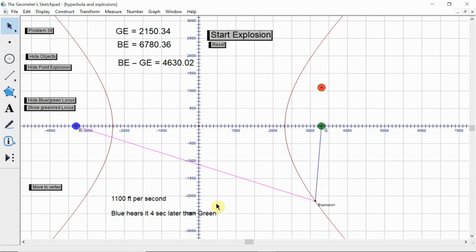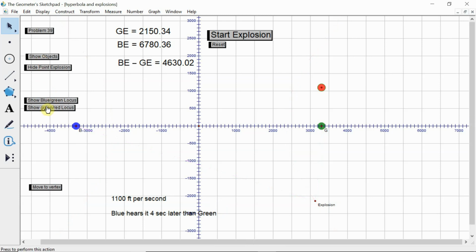So here we have it, and here is probably the most interesting thing about this constant difference. This is an application that was actually created during World War II. So I'm going to hide a couple things here. Okay. So here's really the setup, and here's what they did during World War II.